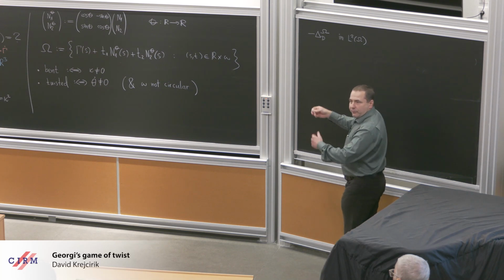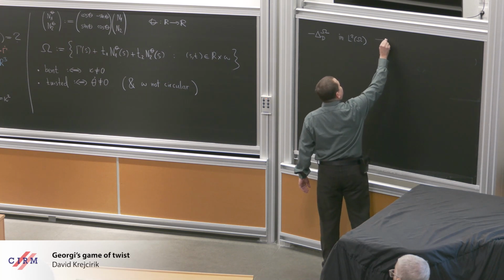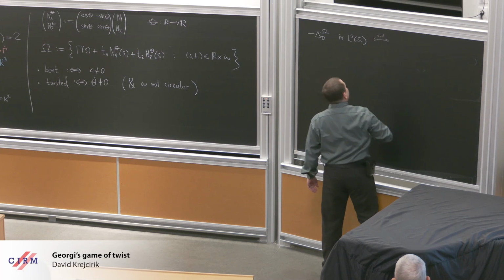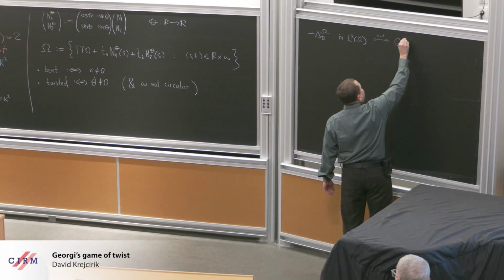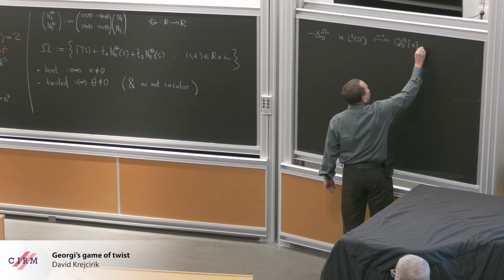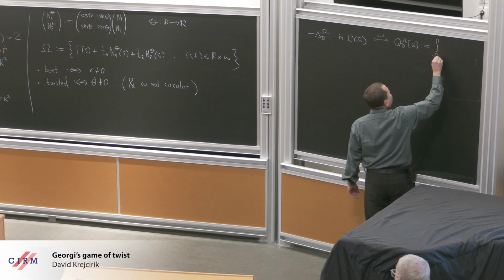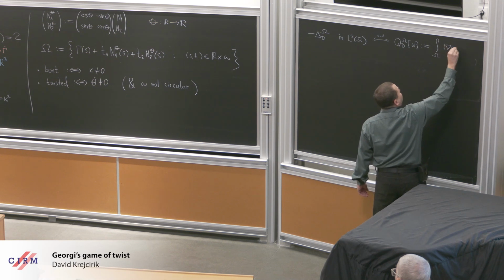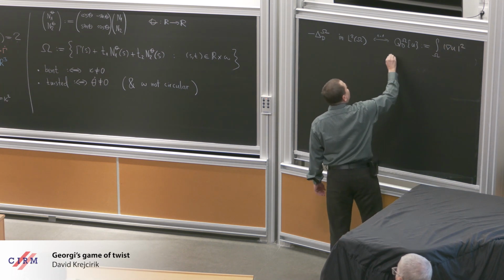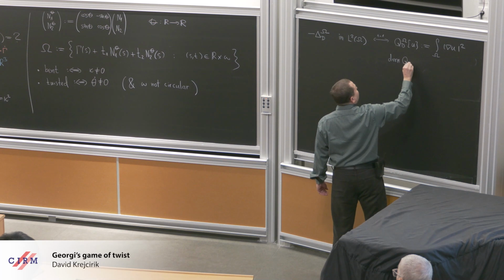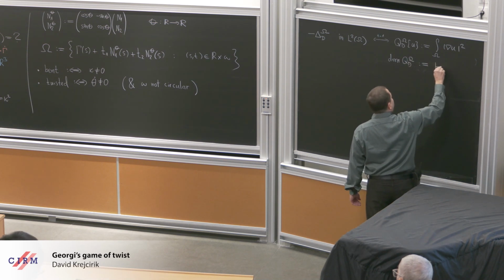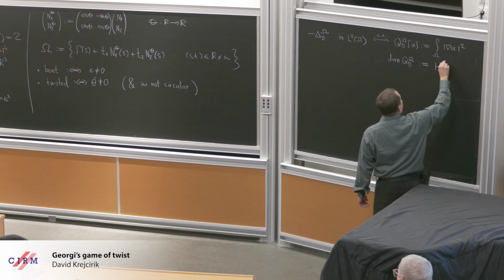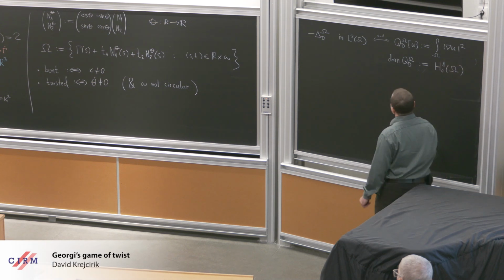It is defined formally as the operator associated to a quadratic form. The quadratic form is, as usual, just the integral of |∇u|², with domain, this is pretty standard, the Sobolev space H0^1(Ω).